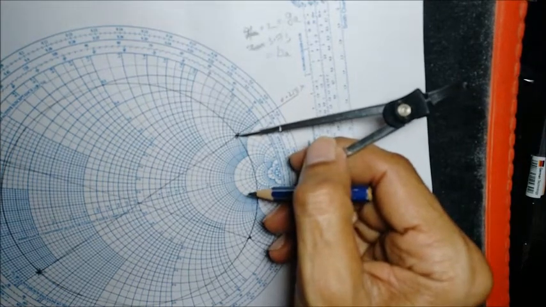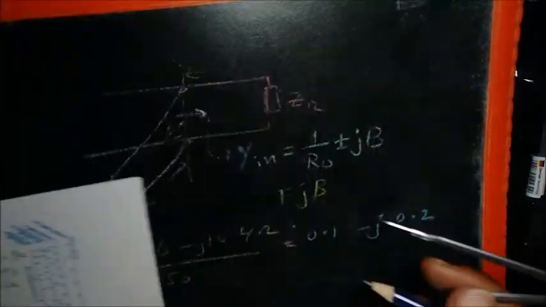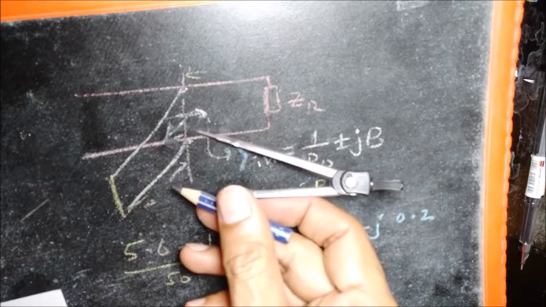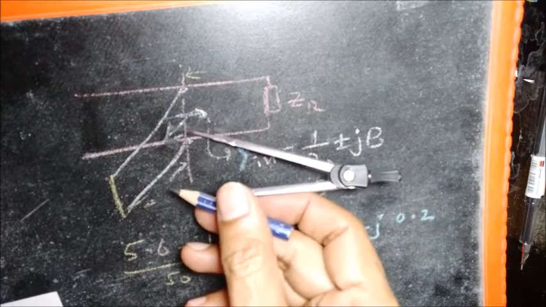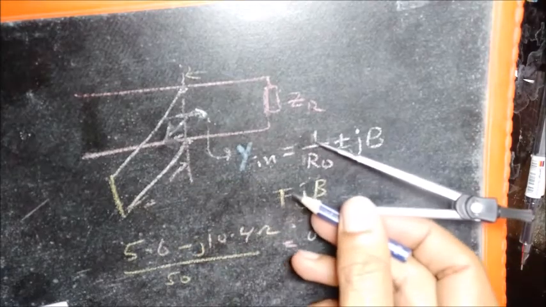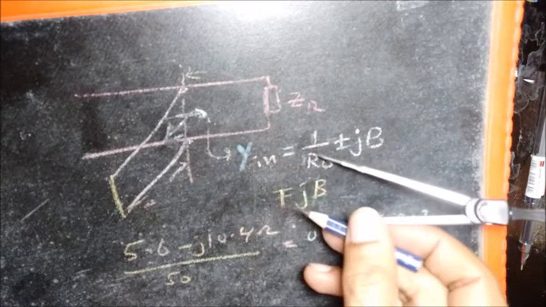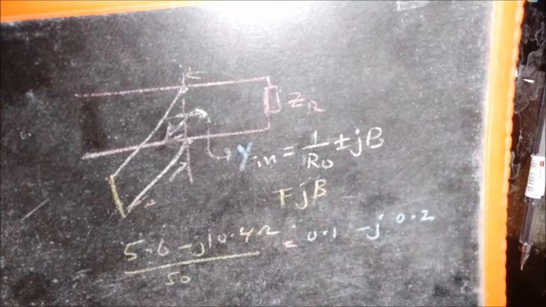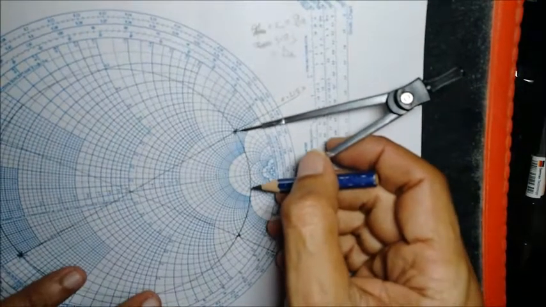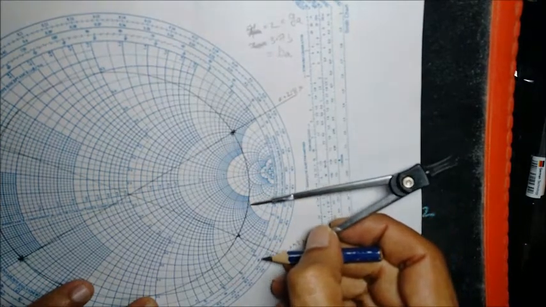Now you have to find out how far away you have to move from the load, so remember this picture, so that I end up getting an input admittance which has a real part equal to 1 by R naught, or since I have normalized, the real part of the input admittance equal to 1. So I start moving away from the load.